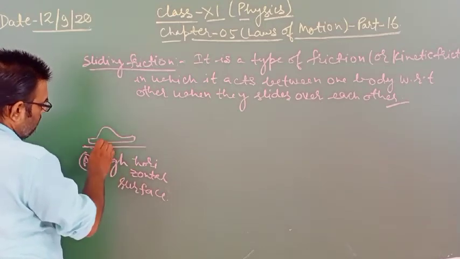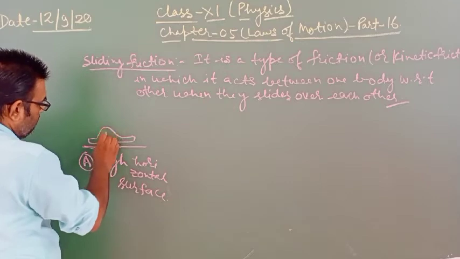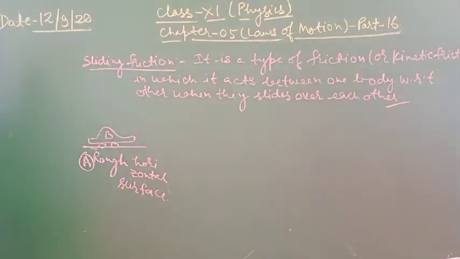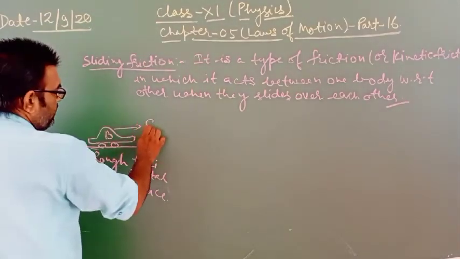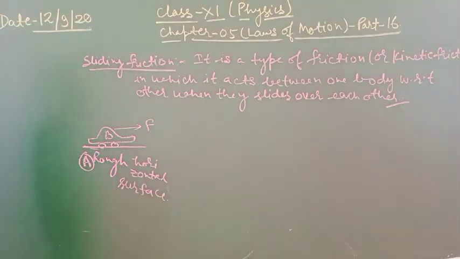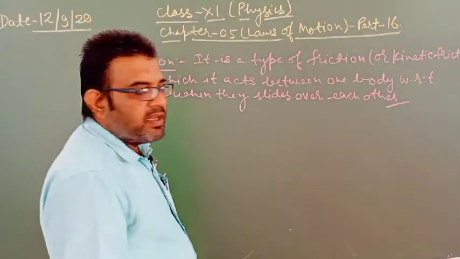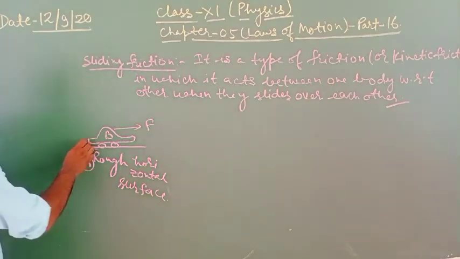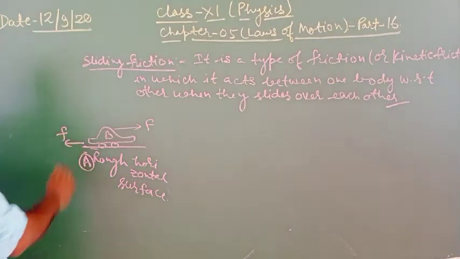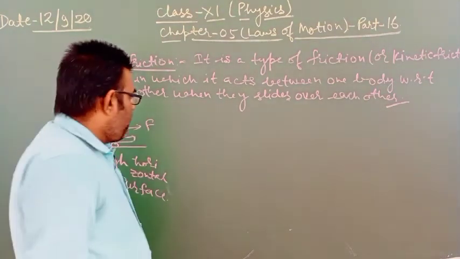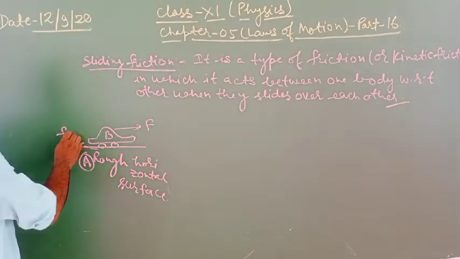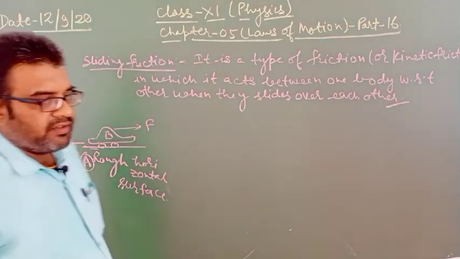This is body B, and the car is moving in this direction. As force F is applied over the car, a force of friction comes into play. That is called the static friction.